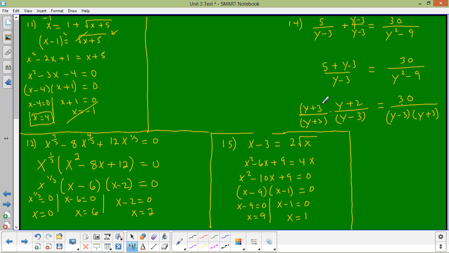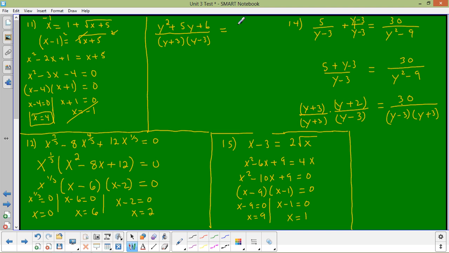And when I FOIL these numerators together, I'm going to get y squared plus 5y plus 6. And of course, it's over that common y plus 3, y minus 3.